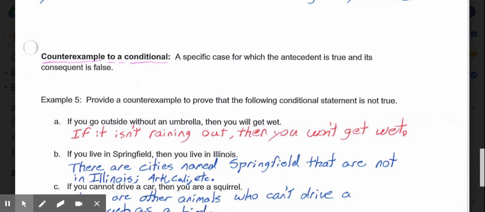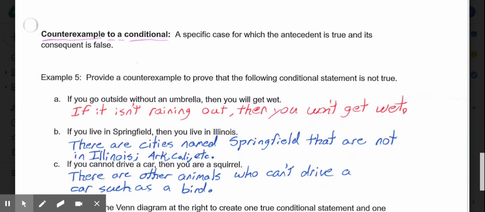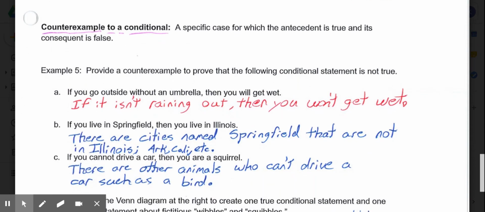So then we have counterexamples to a conditional. A counterexample to a conditional is a specific case in which the antecedent is true and the consequent is false. So a case where the hypothesis is true, but the conclusion is false.